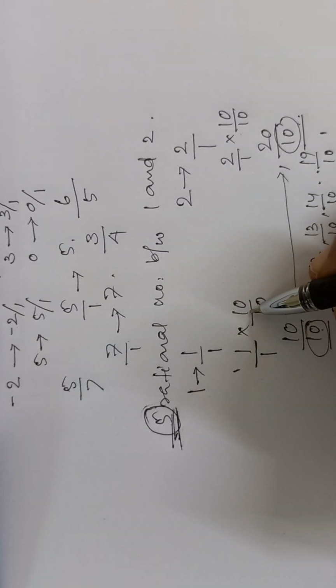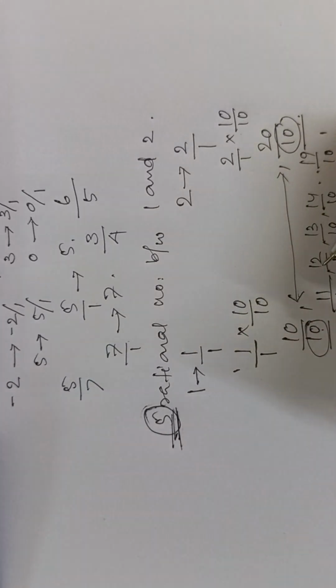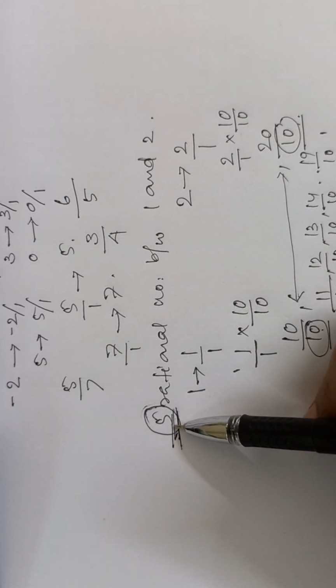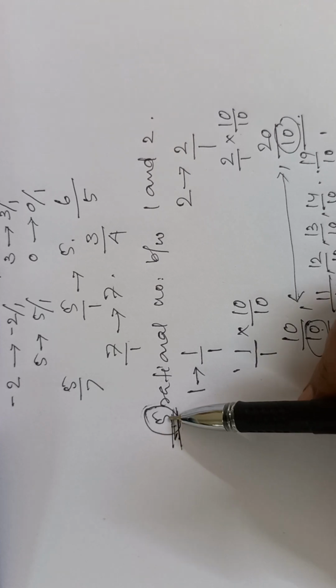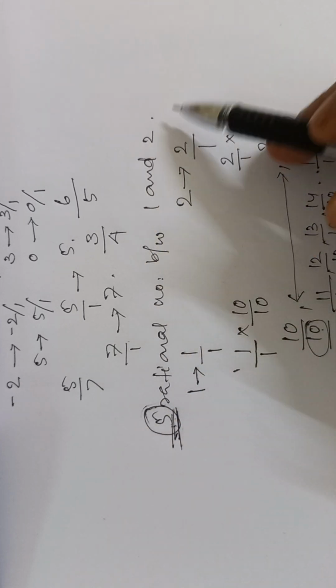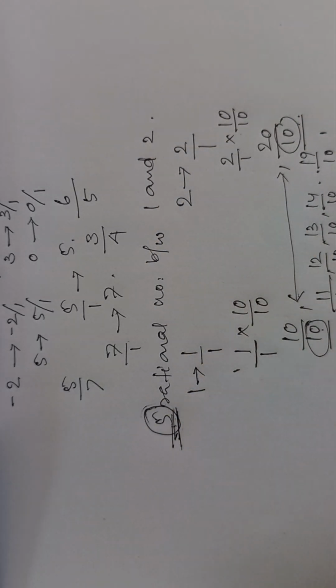You can replace this 10 by 20, 15, 13, 7, 9, you can select any number, but it should be greater than 5, because you have to write a minimum of 5 rational numbers between 1 and 2. Then you will get 2 rational numbers with the same denominator, and you can write the numbers in between them.